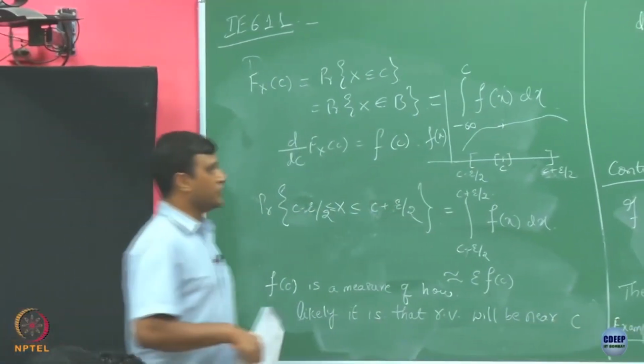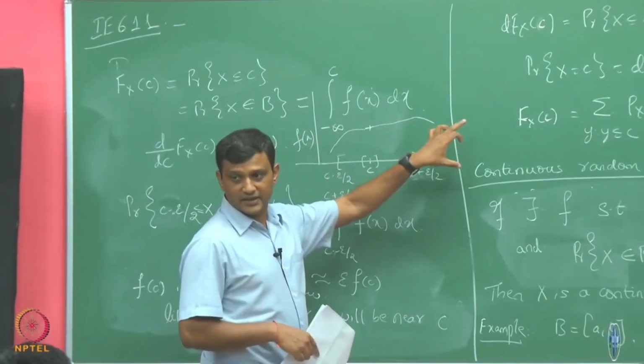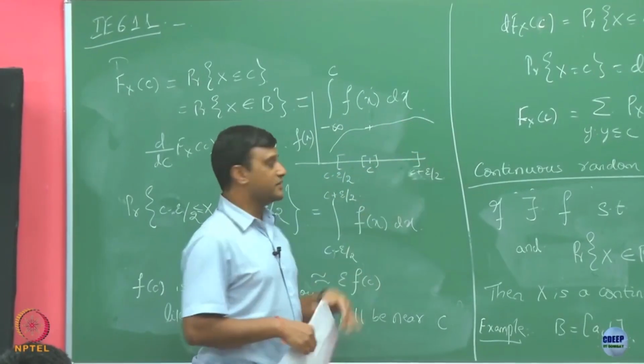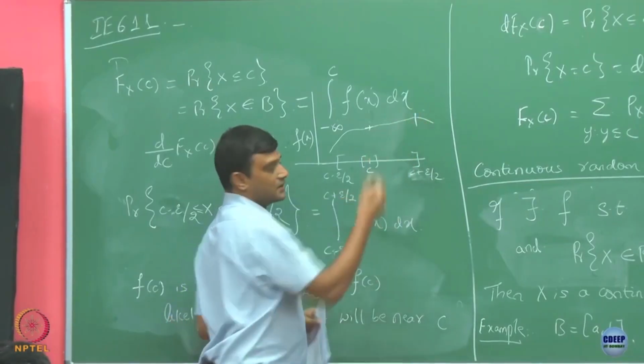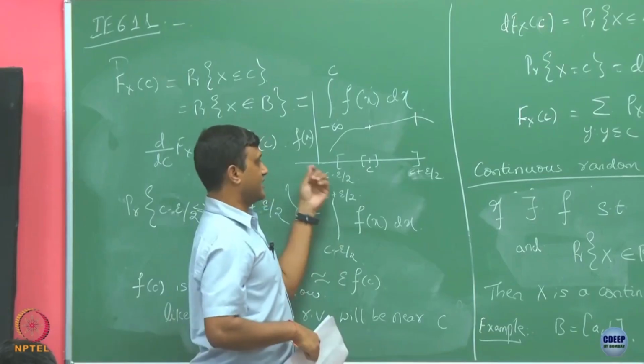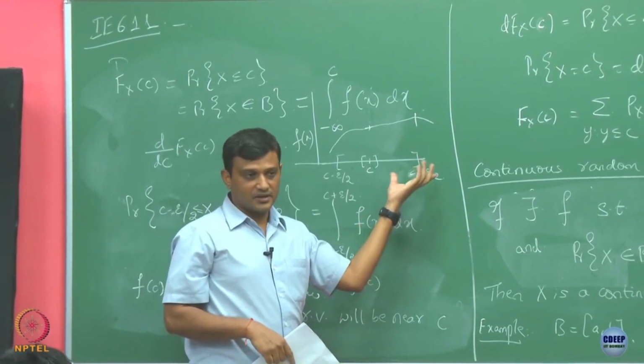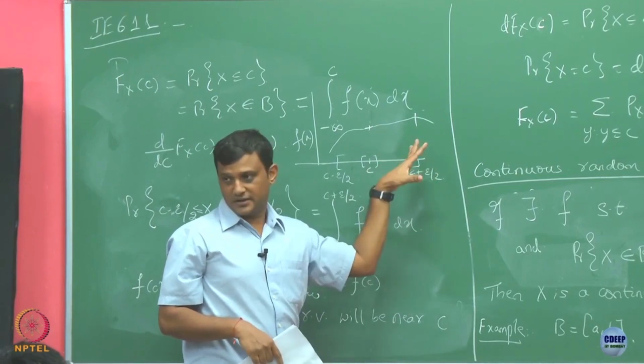So in a way, if you look at a curve like this, and this value is large, in a sense we can say that my random variable can likely take a value here.